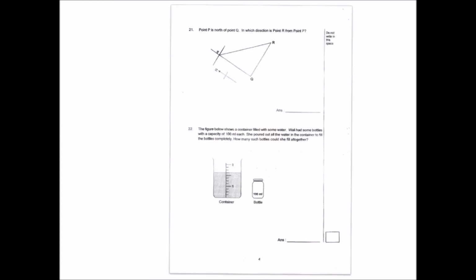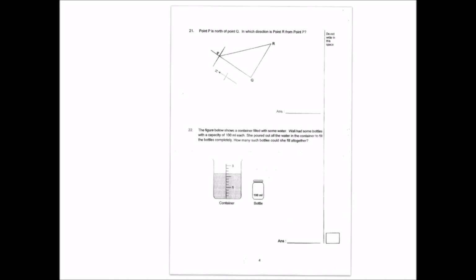Point P is north of point Q. In which direction is point R from point P? So we are going to draw a compass here for point P, and then we're going to point the north here. On the right hand side of the north is east, the opposite would be south, and on the left would be west.